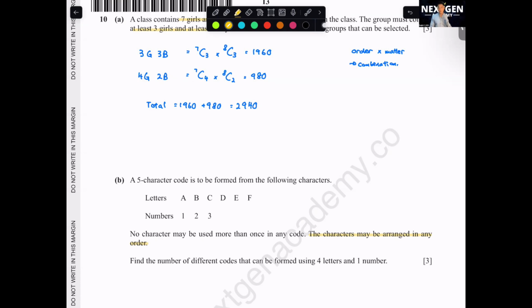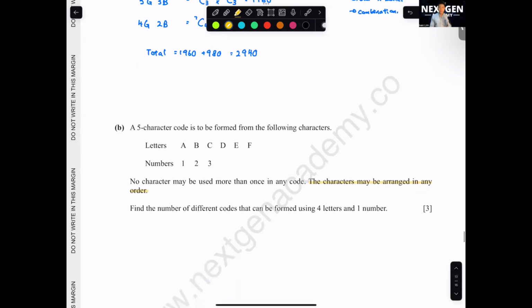Four letters, 1 number. How can we form the code? First of all, is this a permutation or combination question? Does order matter here? Permutation, right? Order matters because 1, 2, 3 is different from 3, 2, 1. So this one is a permutation question. You've got 4 letters, 1 number, so in total you have 5 spaces: 1, 2, 3, 4, 5.